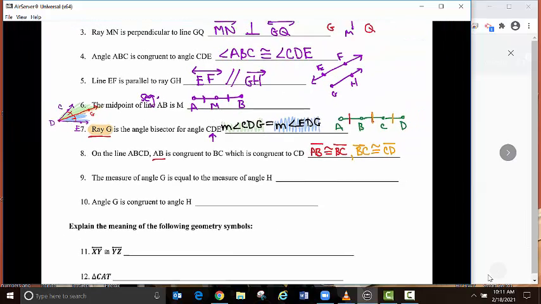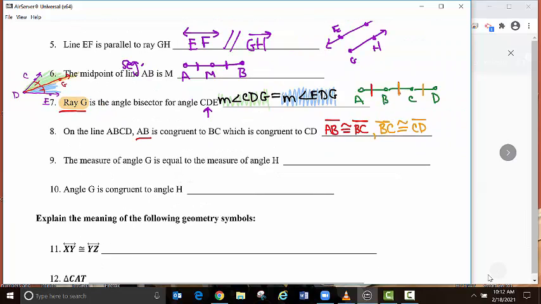Okay? And then for 8, there's my picture, and it's saying that AB is the same size as BC. Okay? And then it's saying that BC is exactly the same as CD.